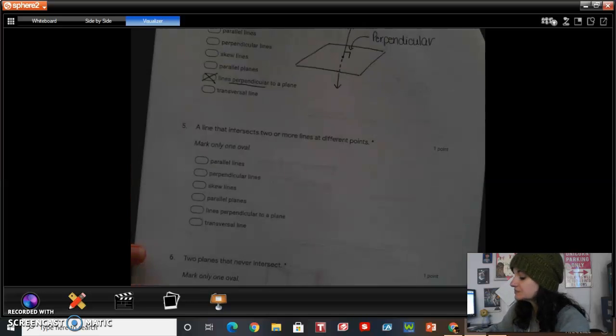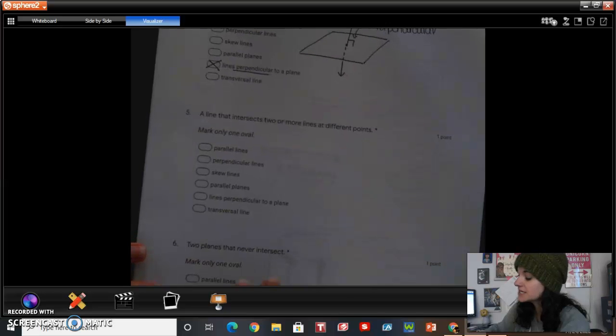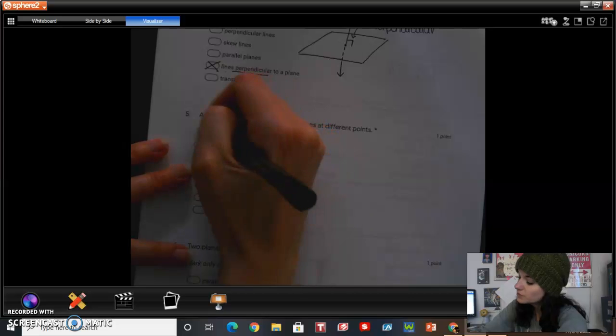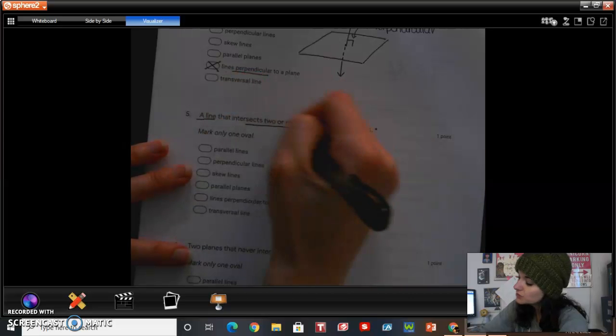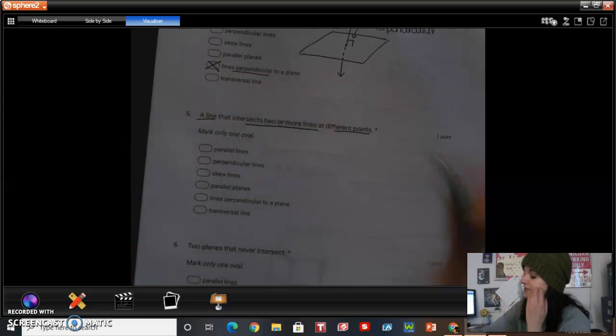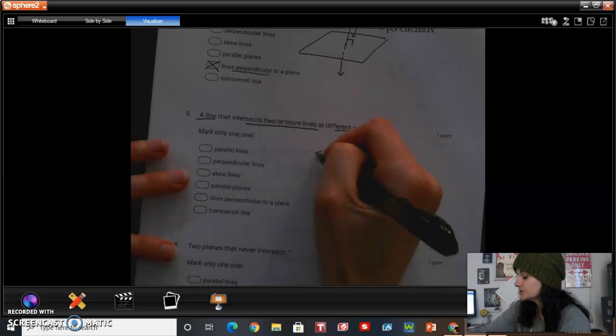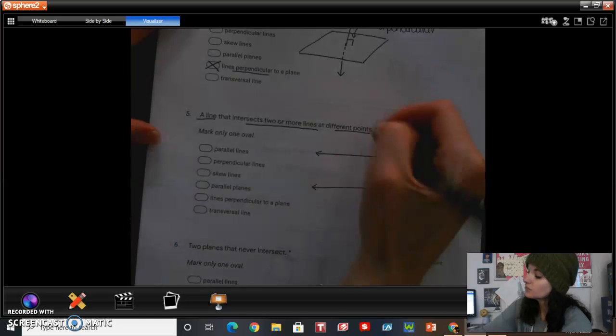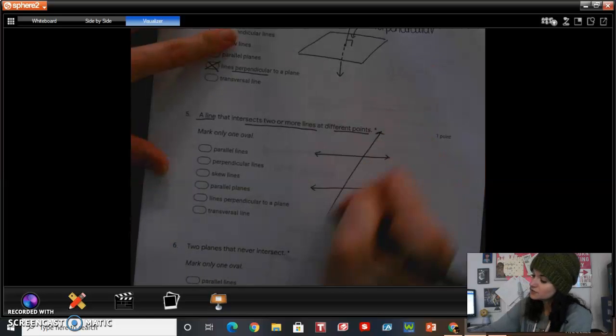All right, next. A line that intersects two or more lines at different points. So we're dealing with one line with two or more lines at different points. Let's say we have two lines here, and we have one line that goes through both of them.